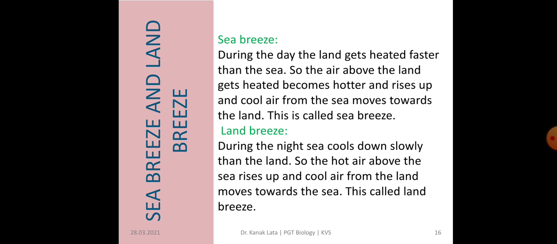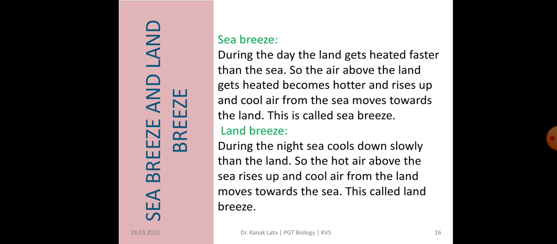The air above the land gets heated and becomes hotter, and we know that hotter air is lighter, so it rises up, and cool air from the sea moves towards the land. This phenomenon is called sea breeze. Why? Because cool air is moving to take the place on the land. So this is called sea breeze.